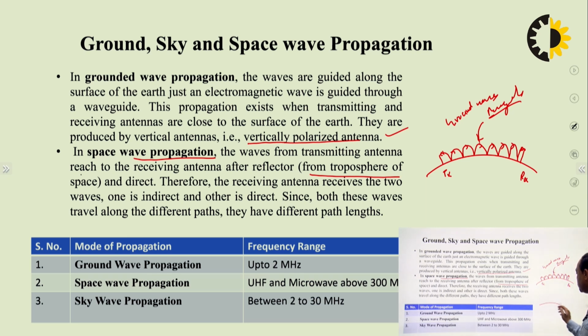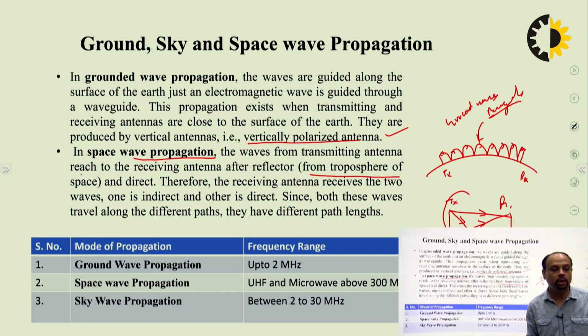The wave either goes directly from the transmitting antenna to the receiving antenna using the space between them, or the wave is reflected from the ground and reaches the receiving antenna. In this way, these two waves reach the receiving antenna. The wave propagation that involves these techniques is known as space wave propagation.